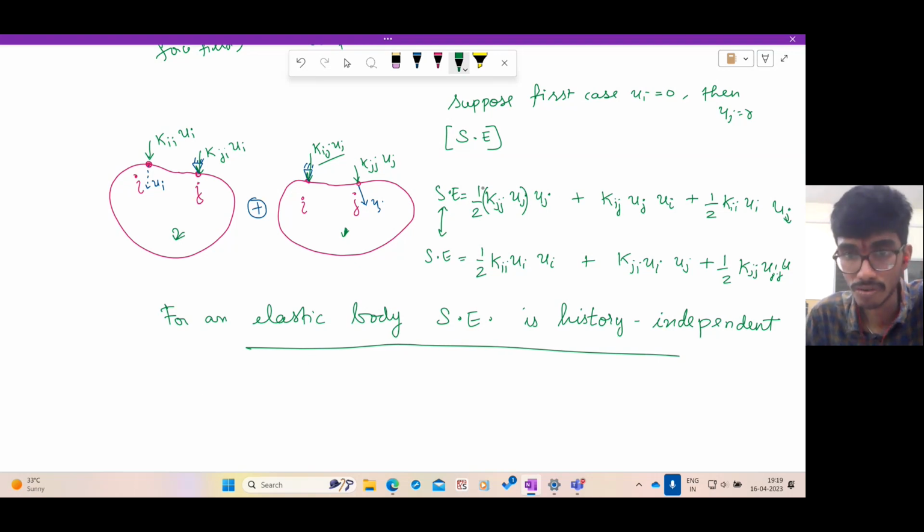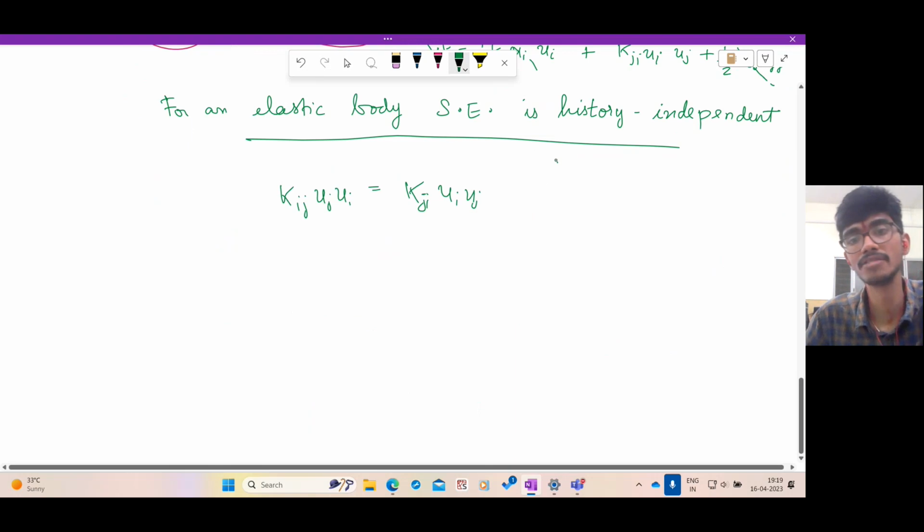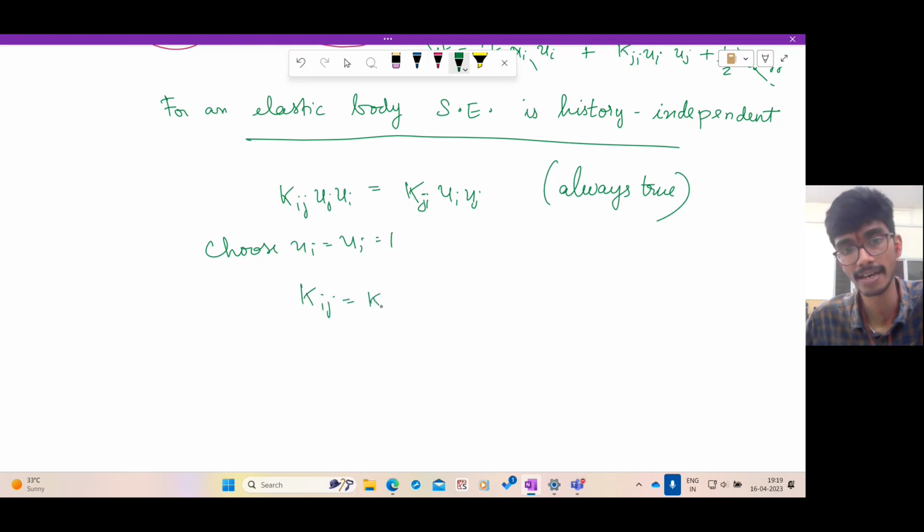So if you equate these two, you see this term cancels with this term, and you're left with Kij Uj Ui is equal to Kji Ui Uj. This is always true, regardless of what displacements you apply. So let us choose Ui is equal to Uj is equal to 1 unit, which means you get Kij is equal to Kji.